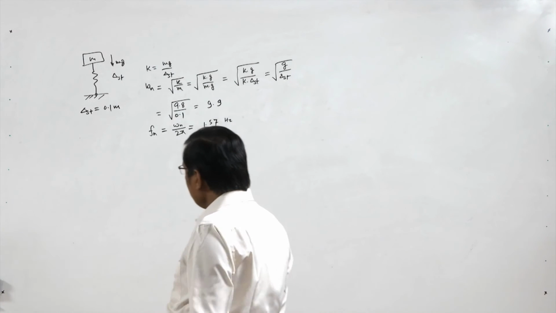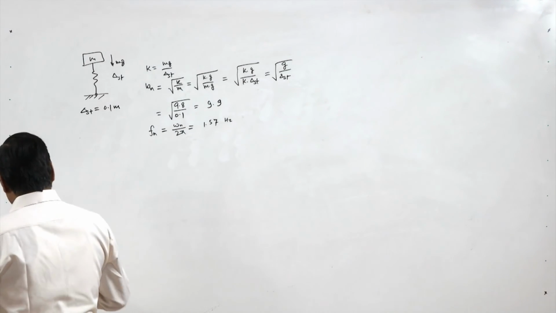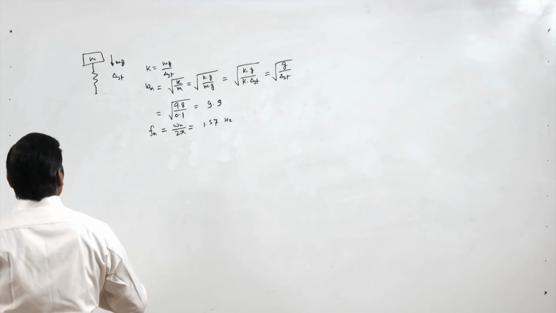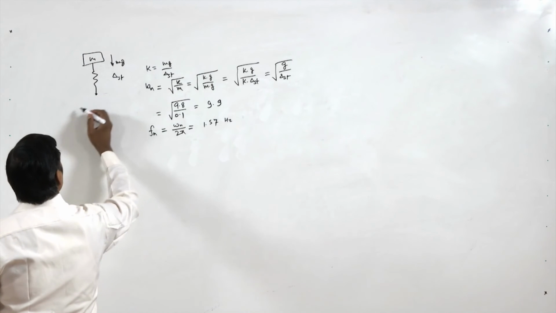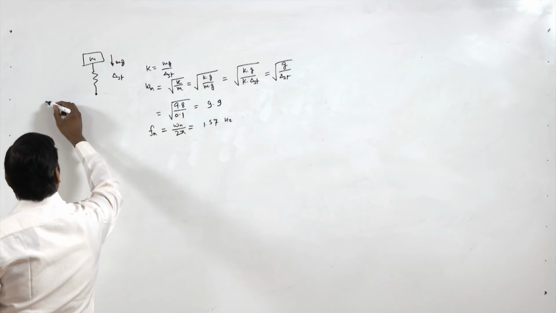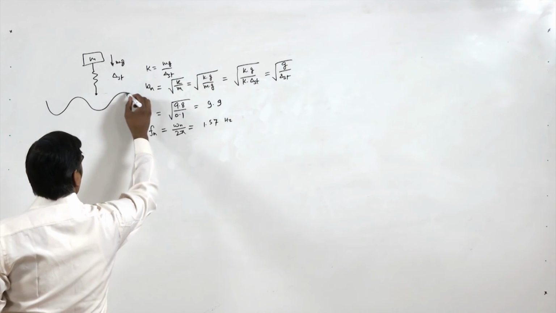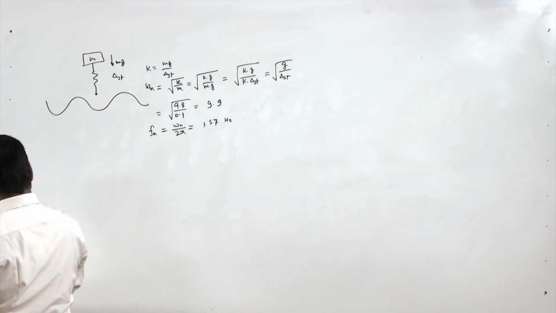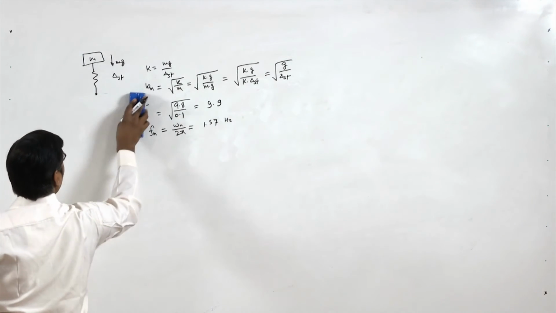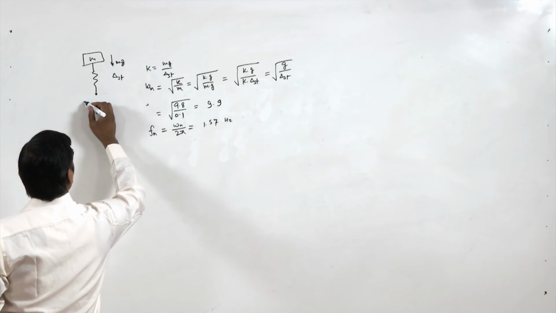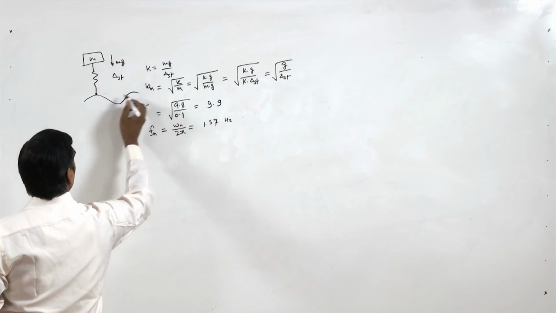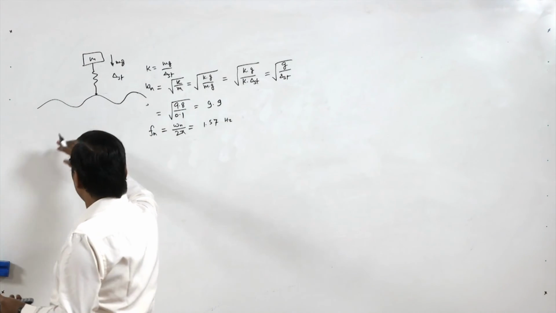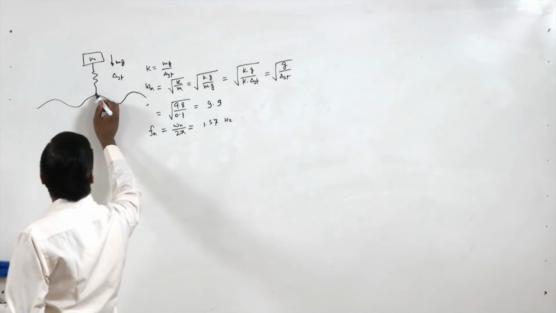Now this trailer is moving on a road profile. Let's say we have some road profile that is harmonic. So this is the road profile on which this trailer is moving.